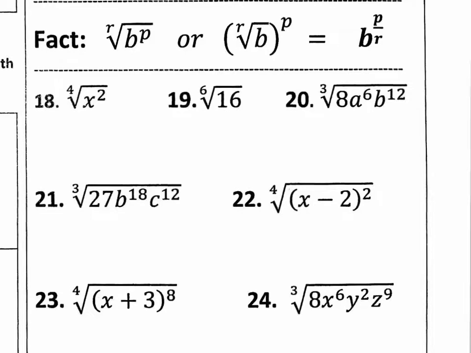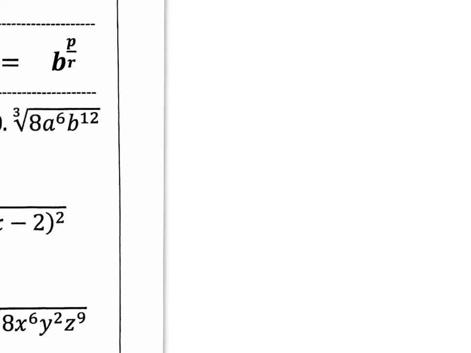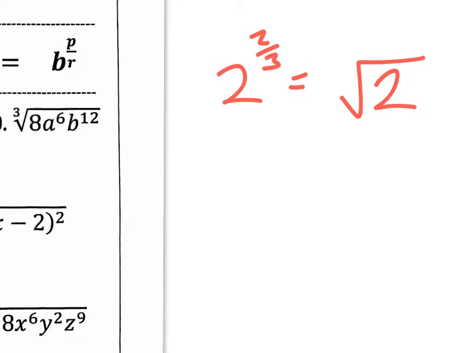So let me try to explain this one more time. Let's say you had 2 to the 2/3 power. Okay? What does that really mean? That really means 2, but what type of root does it have? The denominator is the root, so that would be a 3.